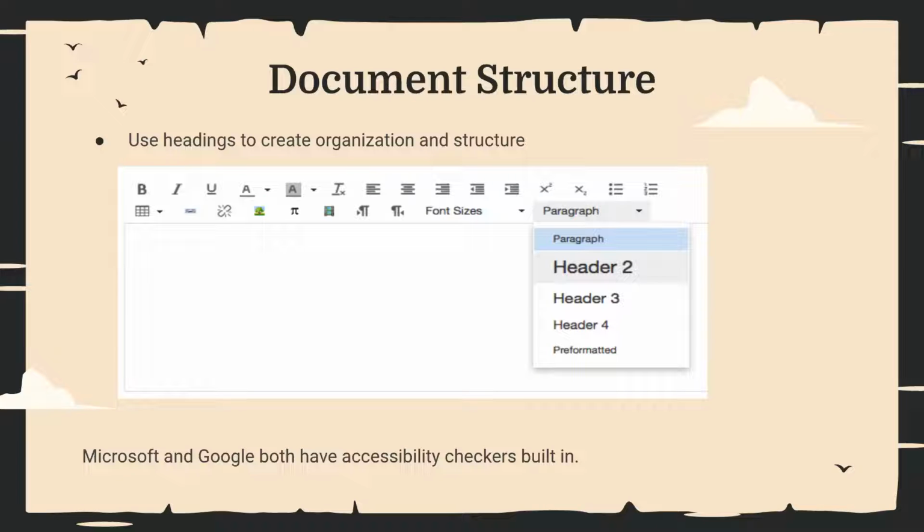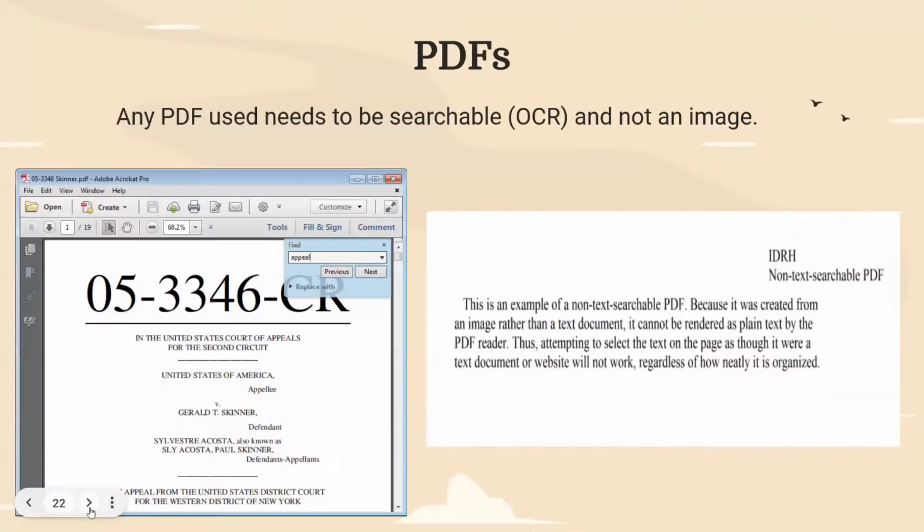Microsoft and Google both have built-in accessibility checkers, so you can use those as well if you would like. And then it's much easier to see what kinds of things you might need to work on.